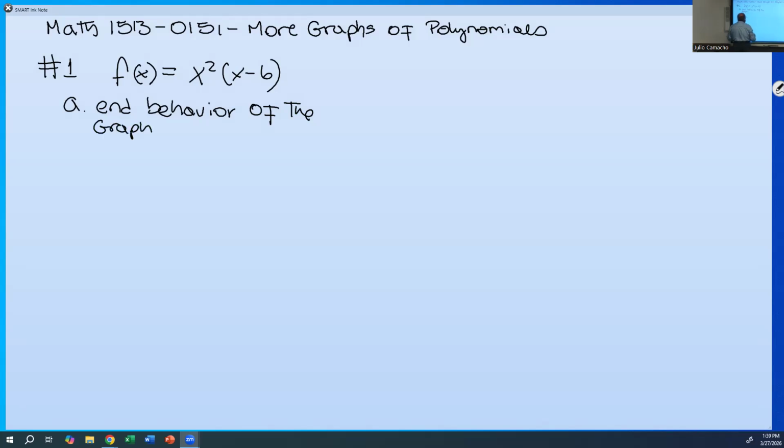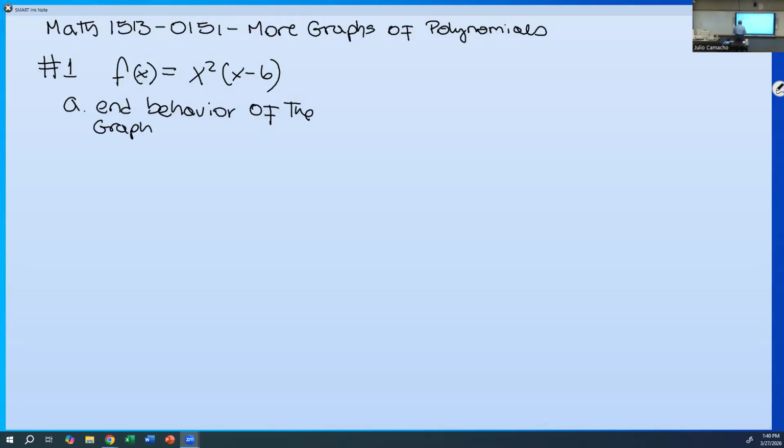All right, what is the end behavior? I explained to you when we were going through the previous assignment, polynomial functions, that we need to find the end behavior.